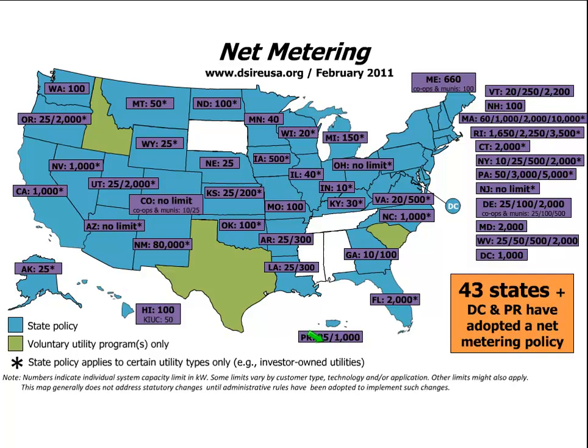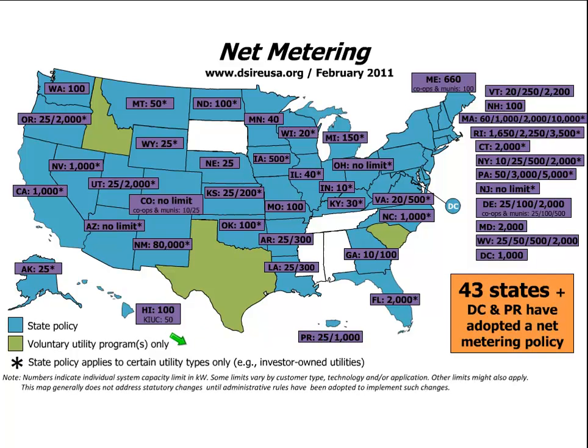Here's a bunch of states that have net metering policies. You can see that only a small number don't have net metering policies. South Dakota, Tennessee, Alabama, Georgia are really the only, or actually that's Alabama and Mississippi, don't have net metering policies. Every other state has some type of net metering policy, and you can see the numbers. The numbers basically represent the limit on size, and some of those limits are different for investor-owned utilities and public utilities and other things.